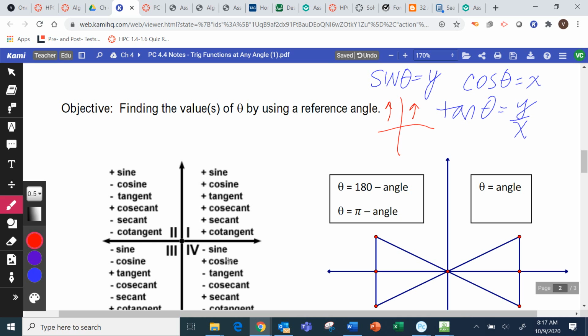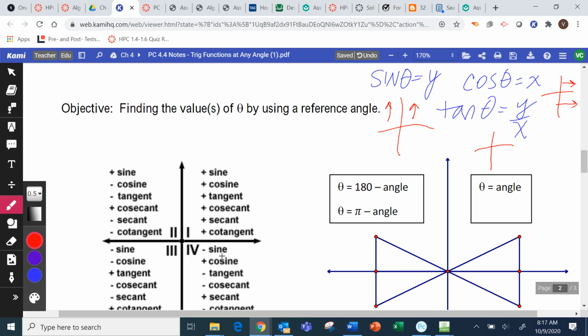Cosine, so that's sine, where sine is positive. Cosine is x, so we talk about where is x positive. Well, x is positive to the right. And the tangent is y over x. For tangent to be positive, both y and x have to be positive, or both y and x have to be negative to give us a positive.